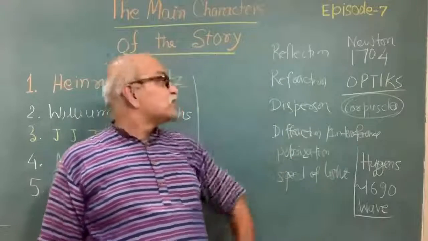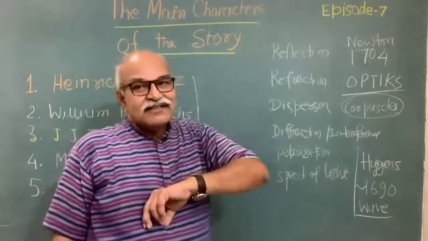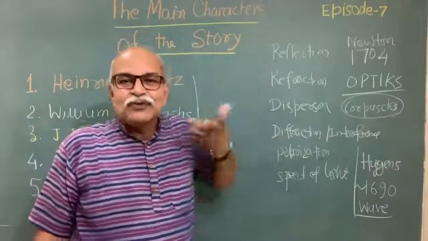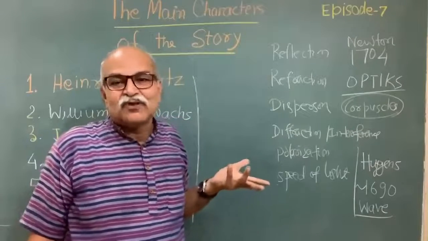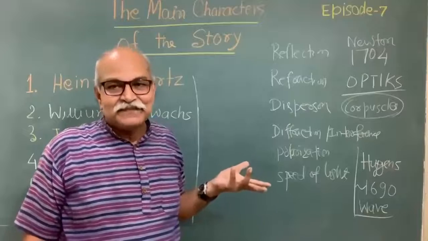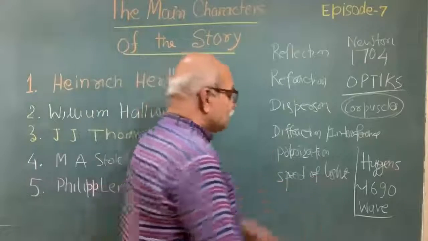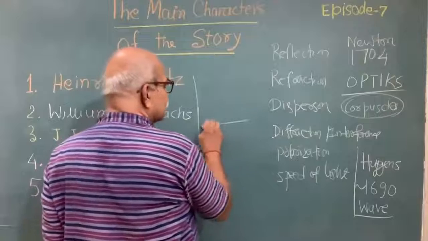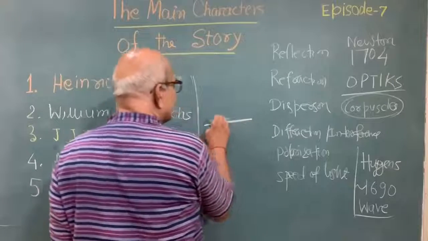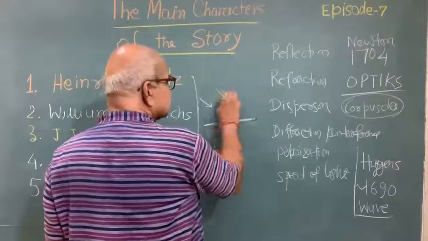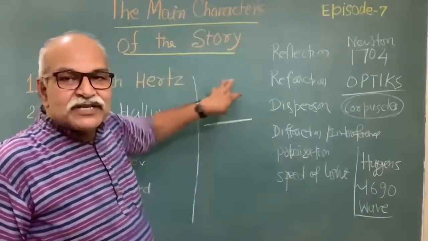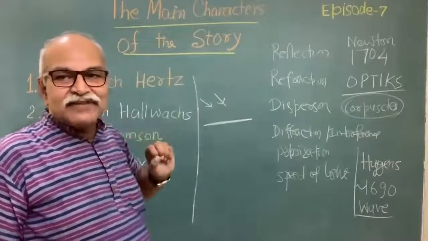With that he explains reflection and refraction, which is very popular. Even today we use the Huygens construction of secondary wavelets. So he says that if you have a wavefront, a surface, and light is coming like this, then the medium which carries all those vibrations propagates them like a wave.